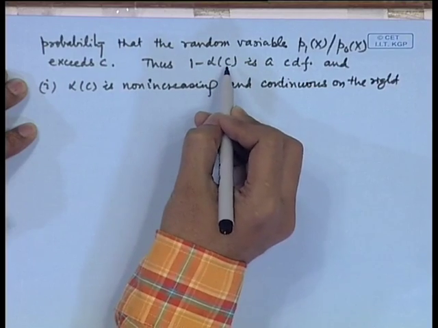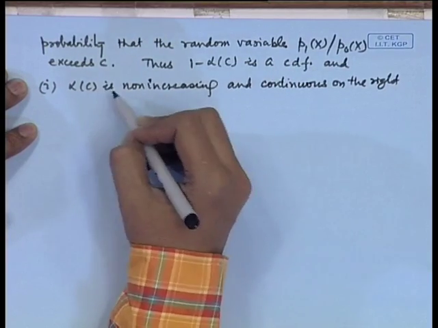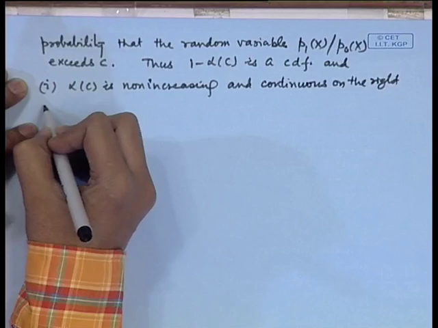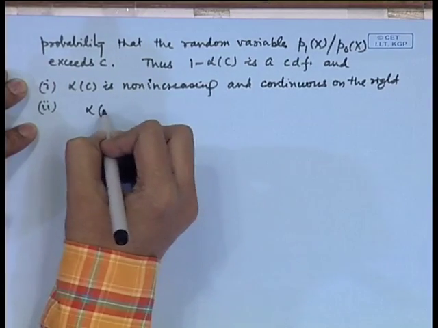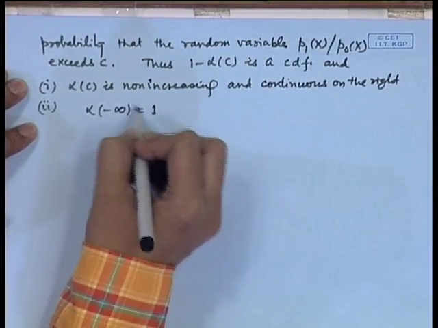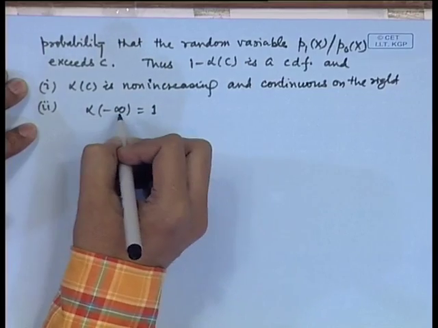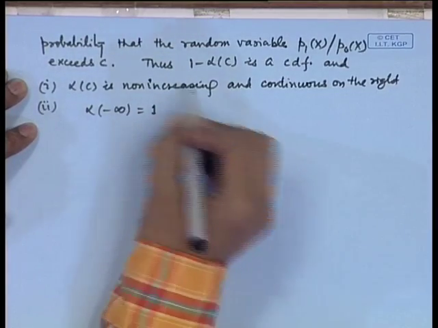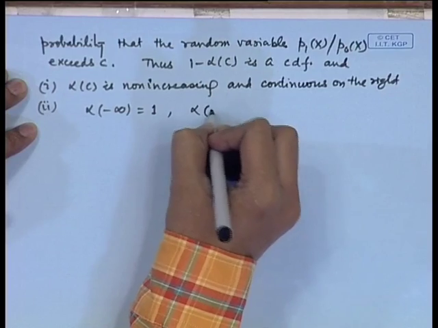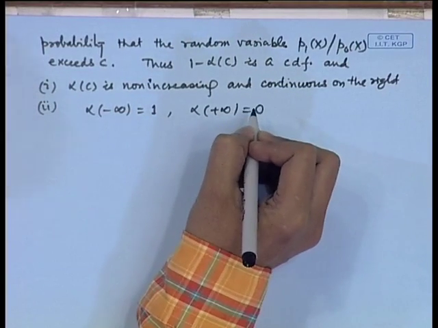If 1 minus alpha c is non decreasing, then alpha c will be non increasing. Secondly, alpha of minus infinity will be 1, that is the limit of alpha c as c tends to minus infinity, because 1 minus alpha c is a CDF, and alpha at plus infinity will be equal to 0.